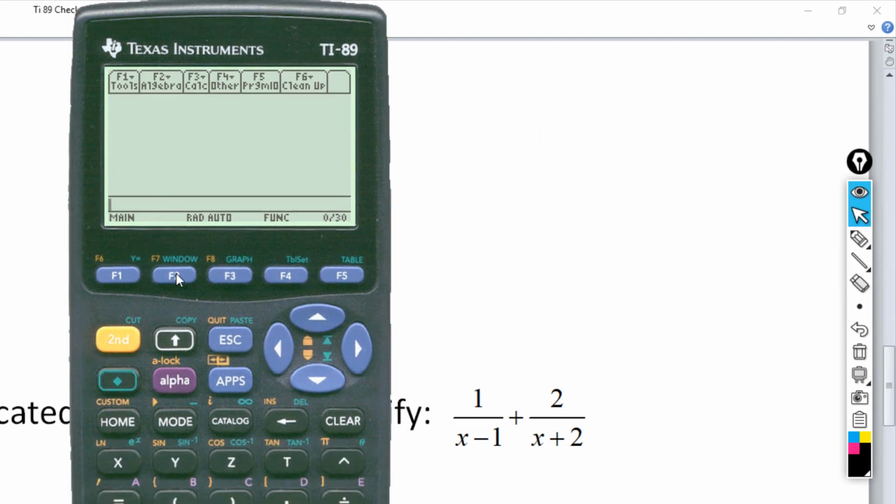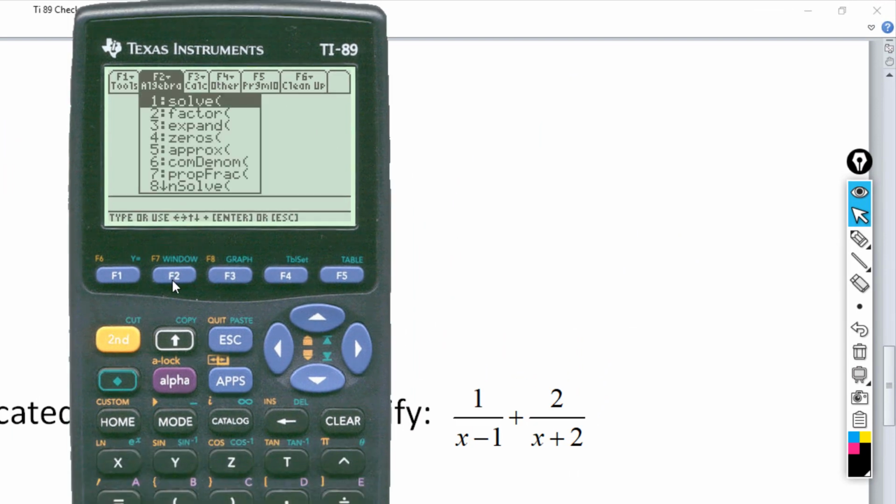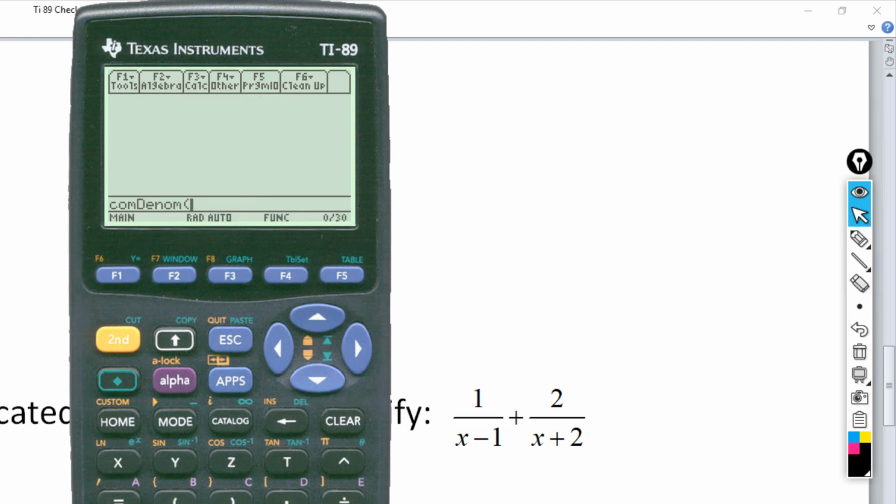So it's 1 divide by, and then again here you want parentheses, x minus 1, close, and then plus 2 divide by parentheses x plus 2, and then close parentheses, hit enter.